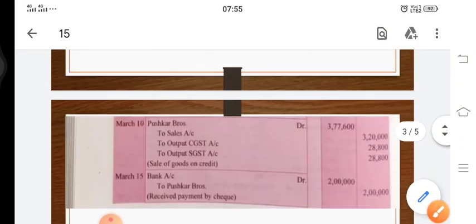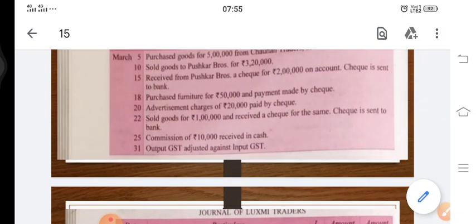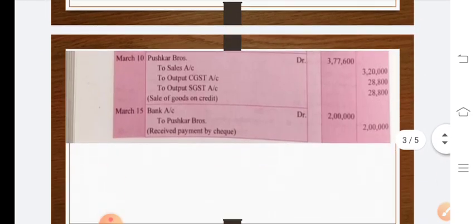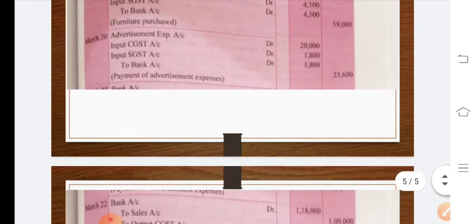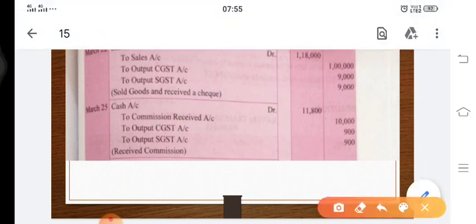Moving towards the next point, which is commission of rupees 10,000 received in cash. Now on this commission also, GST must be paid. So here we go. Since we have received commission and in cash, cash is coming into the business and hence cash got debited. Now since we have received commission, commission being income, got credited.